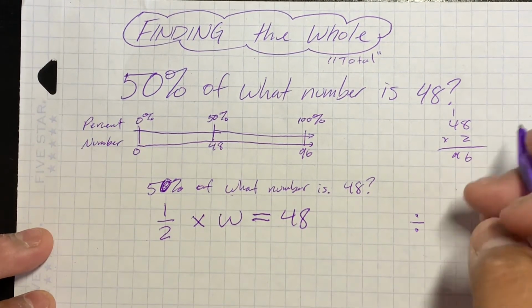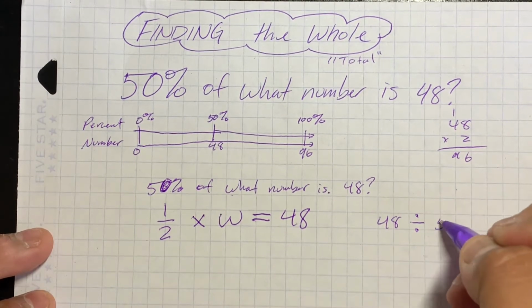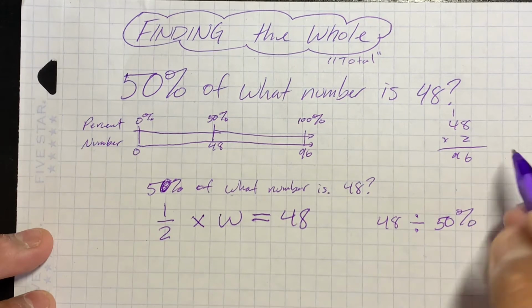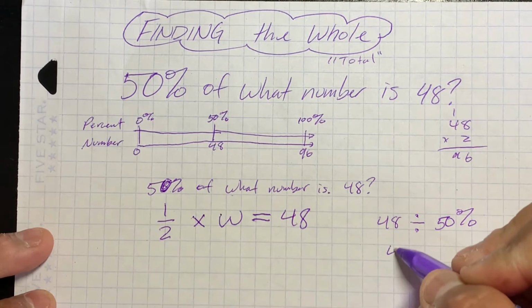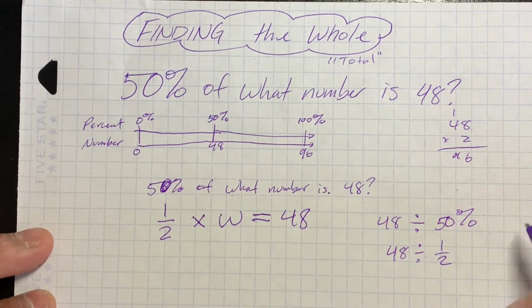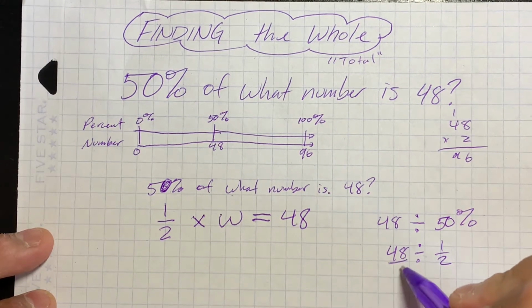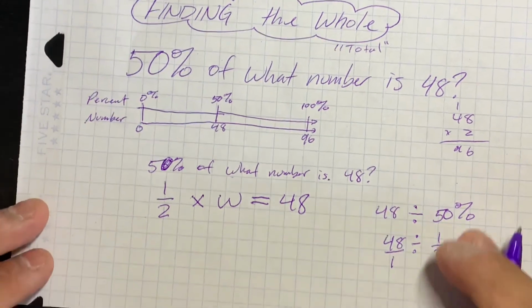So what we're going to do is divide 48 by 50%. In other words, that's going to be 48 divided by half. And then, of course, you make this whole number 48 into a fraction by putting a 1 underneath it.